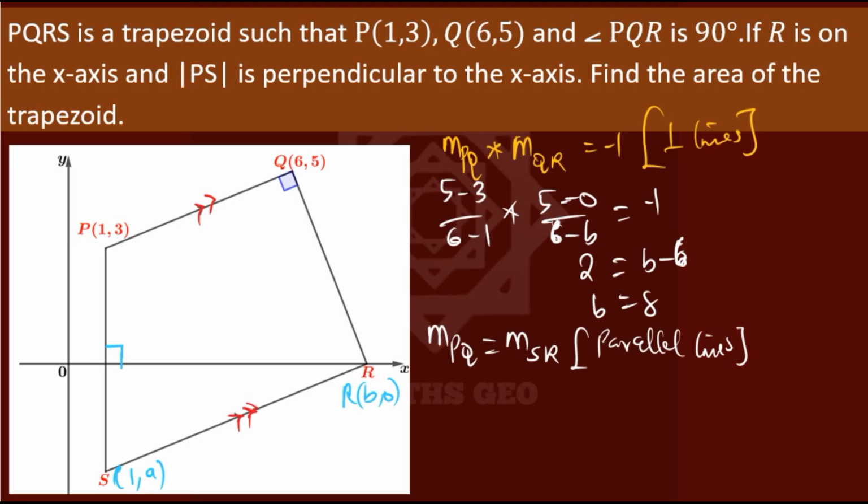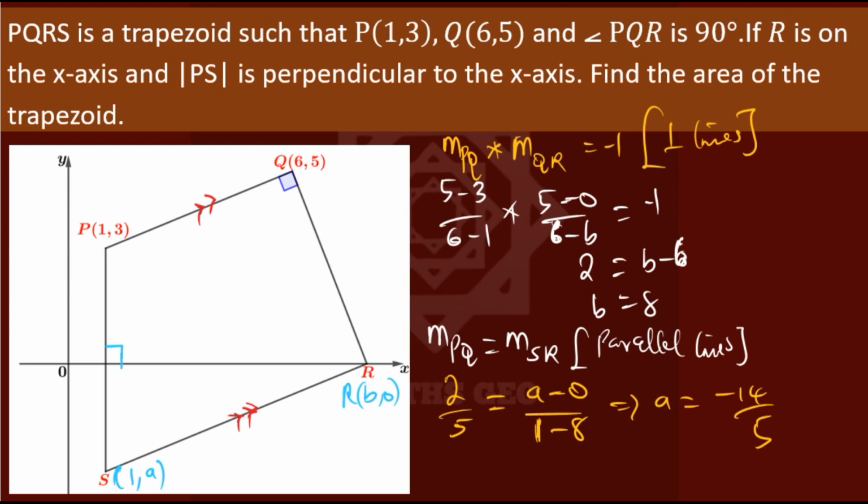The slope of PQ is 2 over 5, which equals the slope of SR. We know B is 8, so changing y over changing x, I have (A minus 0) over (1 minus 8). Solving for A, you see that A will be -14 over 5. So we've gotten the values of A and B.